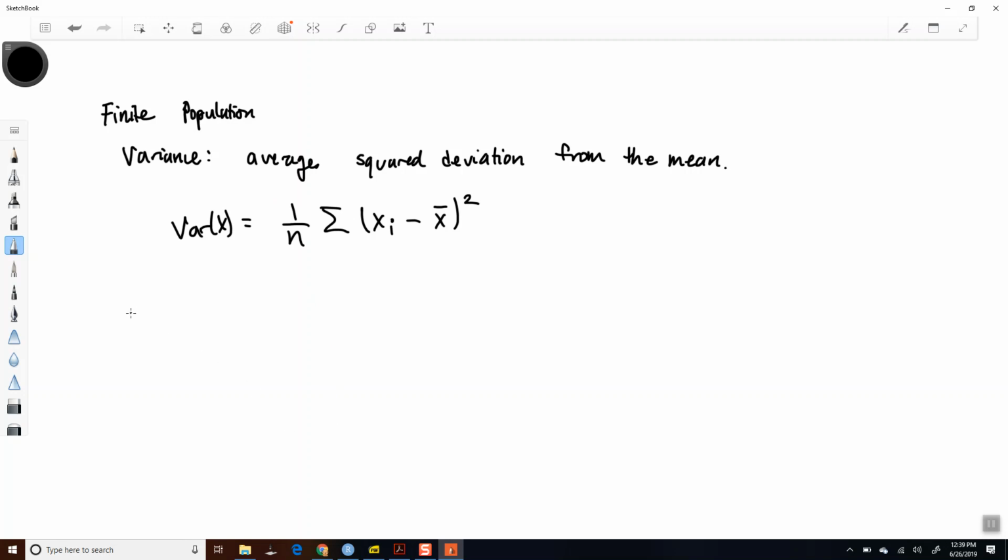Okay, and if we did this for a sample, the sample variance, if we just did the same thing, what would happen here?